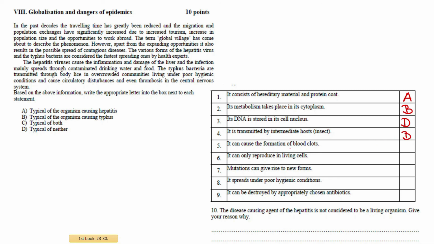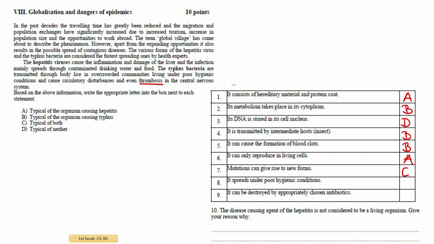It can cause the formation of blood clots. It is also written down in the text, so that's gonna be B again. It can only reproduce in living cells. That is true for the absolute parasites. So those are the viruses. Mutations can give rise to new forms. That's true for both. Okay, it spreads under poor hygienic conditions.